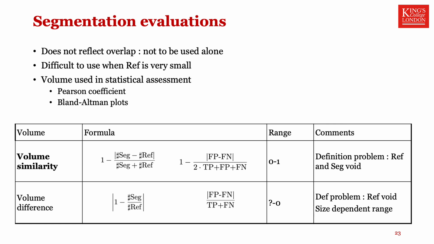Because when you think about it, for instance, when you think about segmentation of gray matter, the biomarker that is then used is the volume of gray matter, not the specific location of each voxels of gray matter. And so there are ways of looking at volume similarity, or to look at the volume difference ratio.